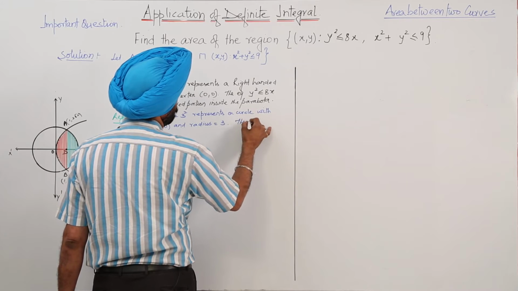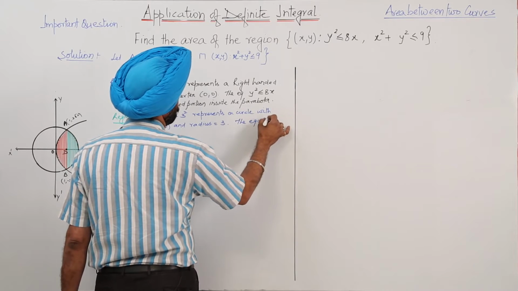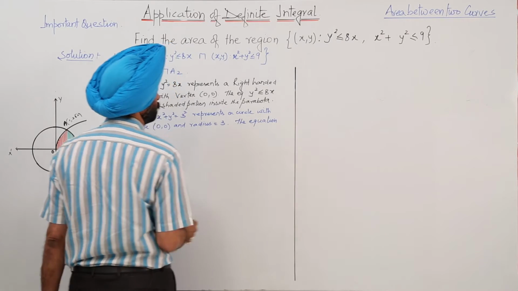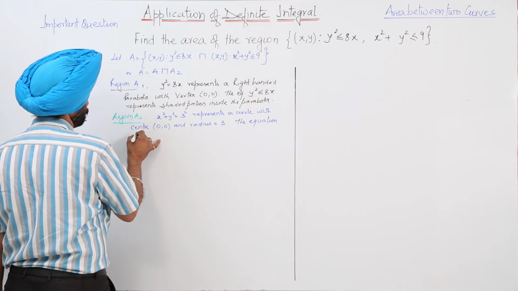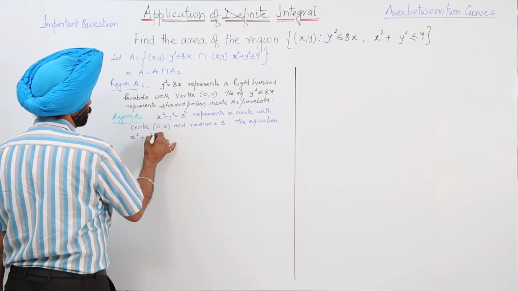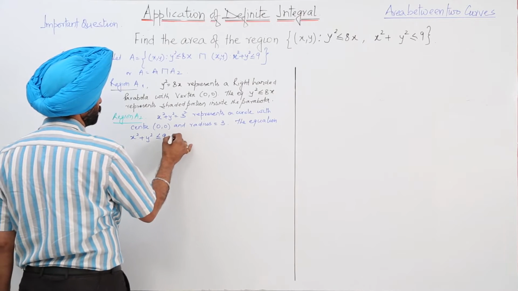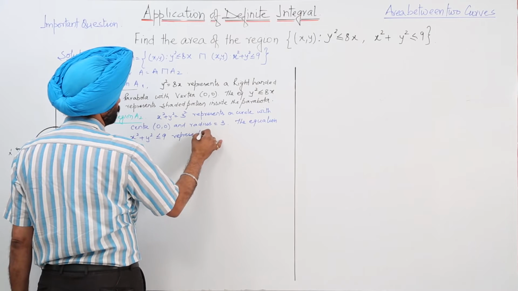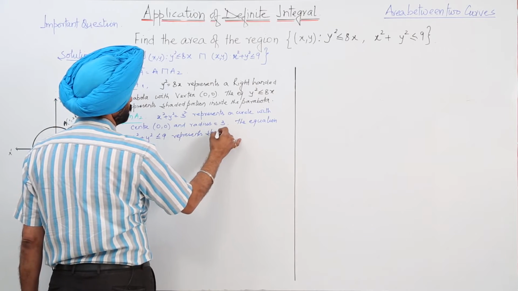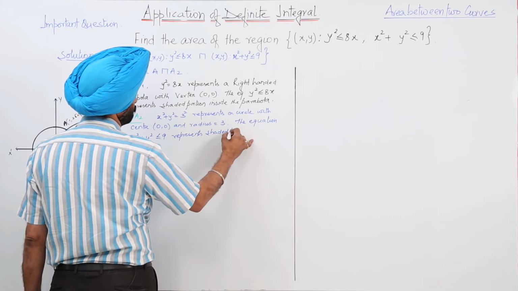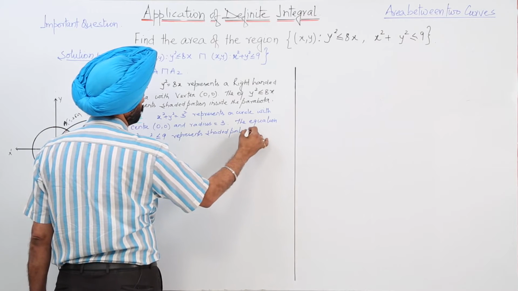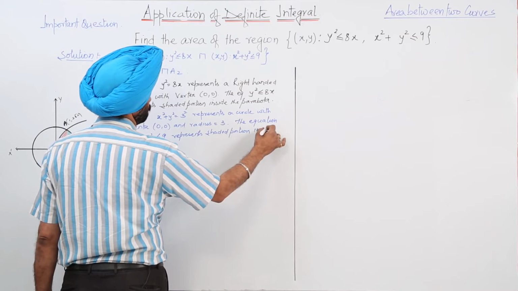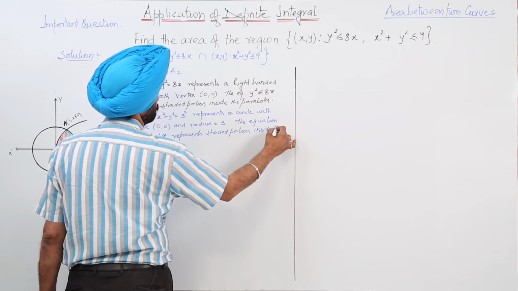The inequality x square plus y square is less than or equal to 9 represents the shaded portion inside the circle.